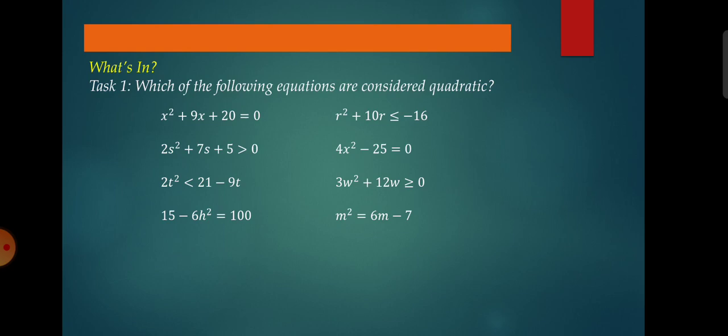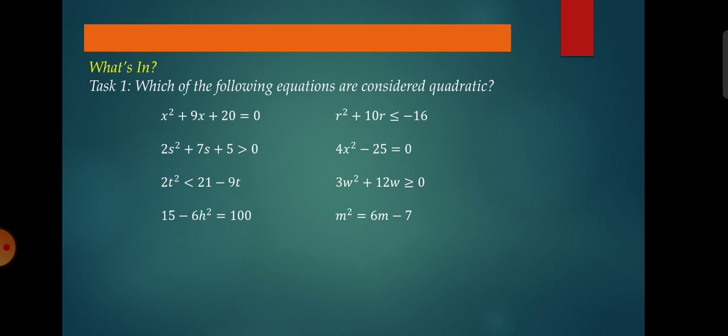So 6h squared plus 85 equals 0. That is considered quadratic. So we have 3 equations already that are considered quadratic. Another, okay, the last one maybe is 4x squared minus 25 equals 0.